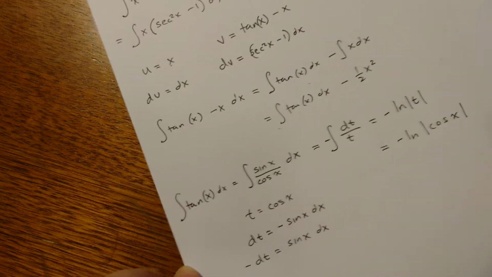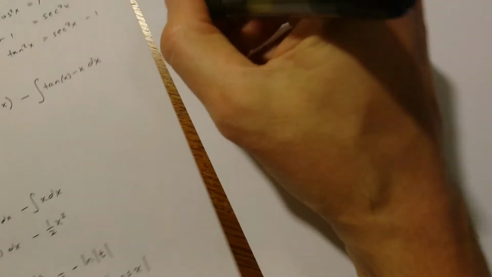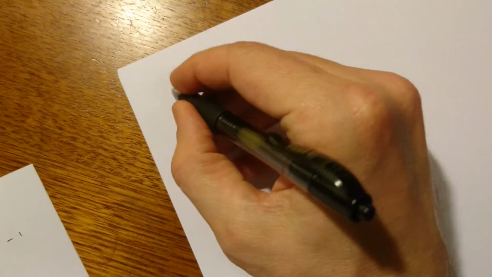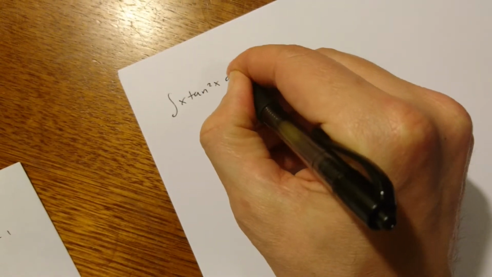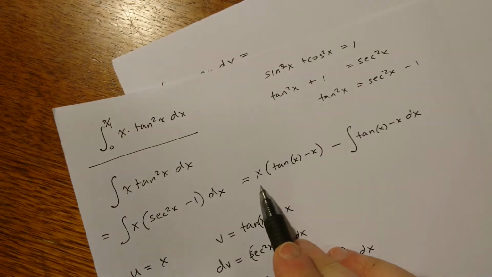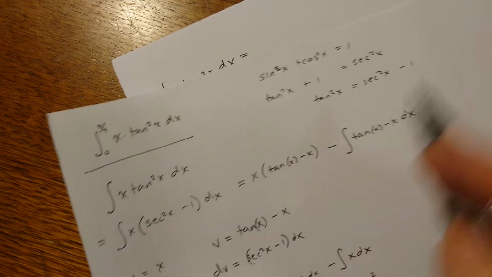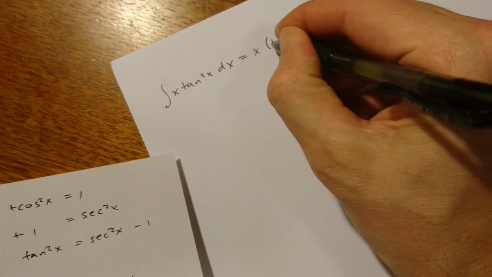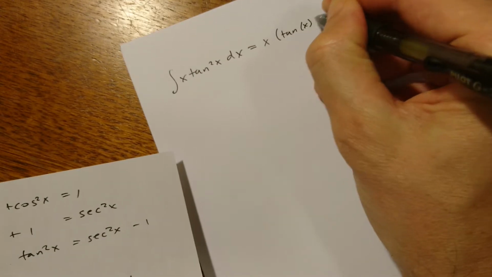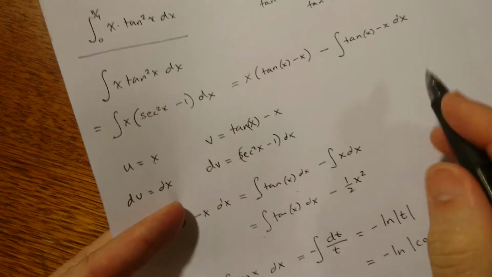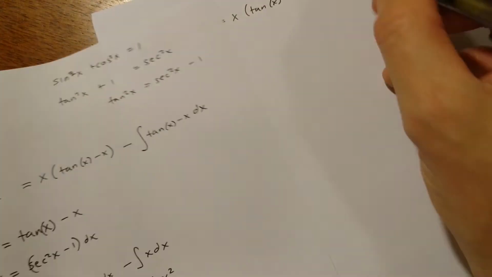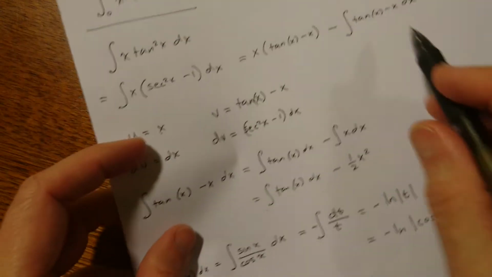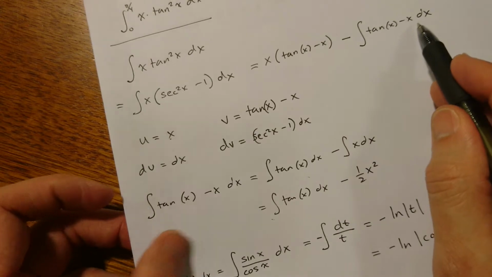Okay, so now we need to go collect everything. So we are trying to find the integral of x tangent squared x dx. We had first found that it was x times tangent of x minus x. That was the first piece of this. Then we needed to find this integral. So we'll have minus what we found for the integral of tangent of x minus x.